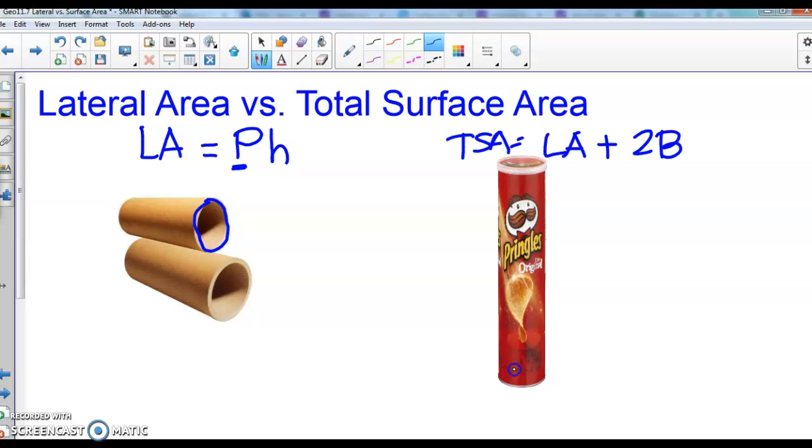So if you remember those two concepts, then you'll be able to adjust the formula depending on what polyhedron you're looking at and what their bases are. So let's try some examples.